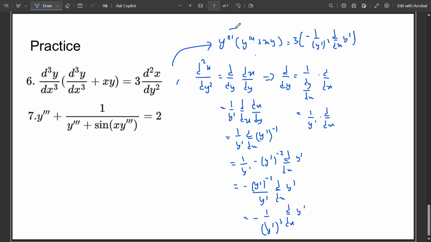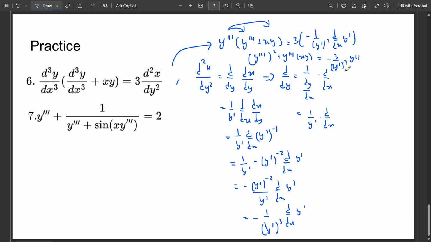If we distribute this, we have y triple prime squared plus y triple prime times xy is equal to negative 3 over y prime cubed, and the derivative with respect to x of y prime is just y double prime.